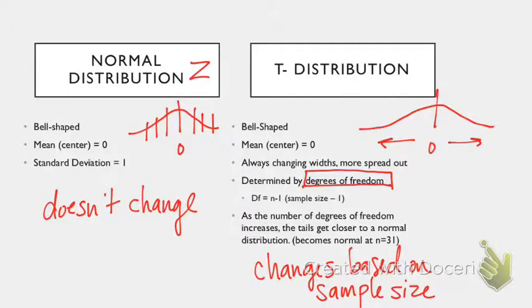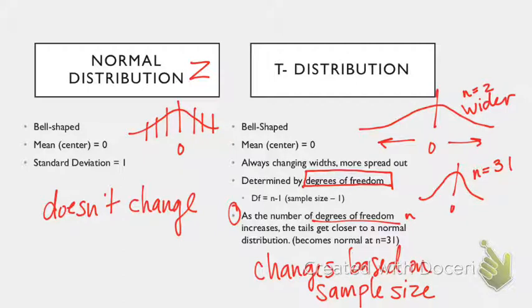So if my sample size is really small, like n equals 1 or n equals 2, it's going to be wider, versus if n equals 31, it's going to be skinnier. So this is what this last bullet point is saying. As your degrees of freedom increases, which is the same thing as saying your sample size increases, it's going to get closer and closer and closer to a normal distribution.